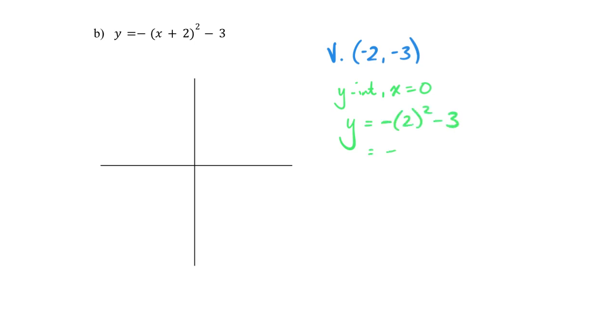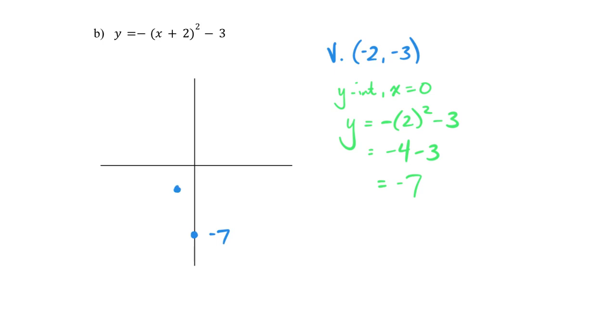We should be pretty good to calculate that quickly, and we come up with a y-intercept at -7. Now that I see I have to go to -3 on my y-axis and -7, I think -2, -3 is maybe a good spot to put there, and then a y-intercept at -7 has to be a little more than double the way.